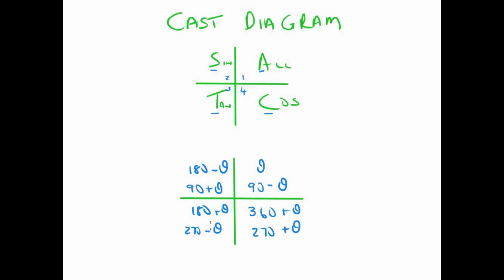The third quadrant is referred to as 180 plus theta or 270 minus theta. And the fourth quadrant is referred to as 360 degrees minus theta or 270 degrees plus theta.